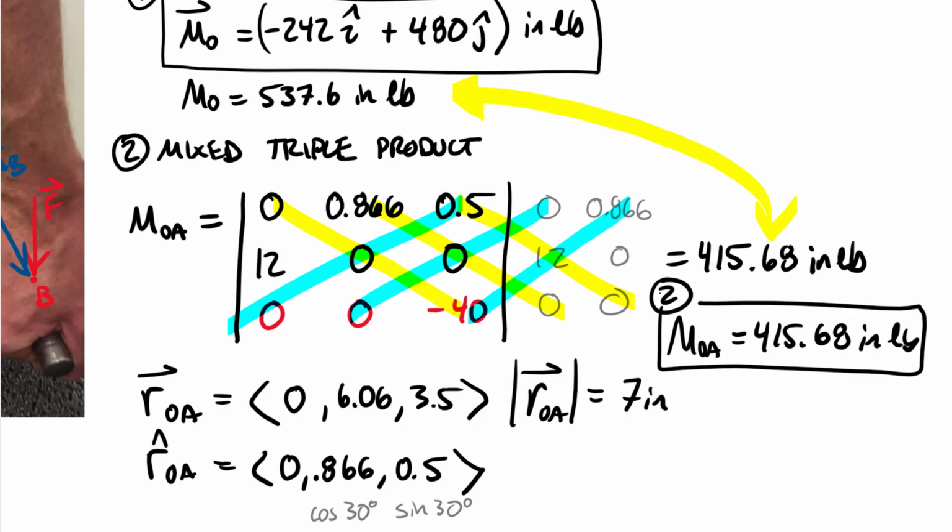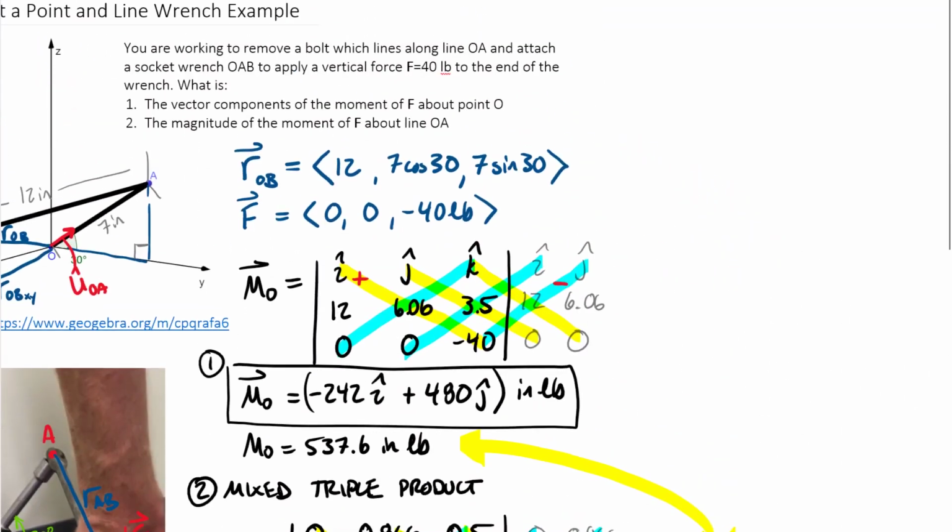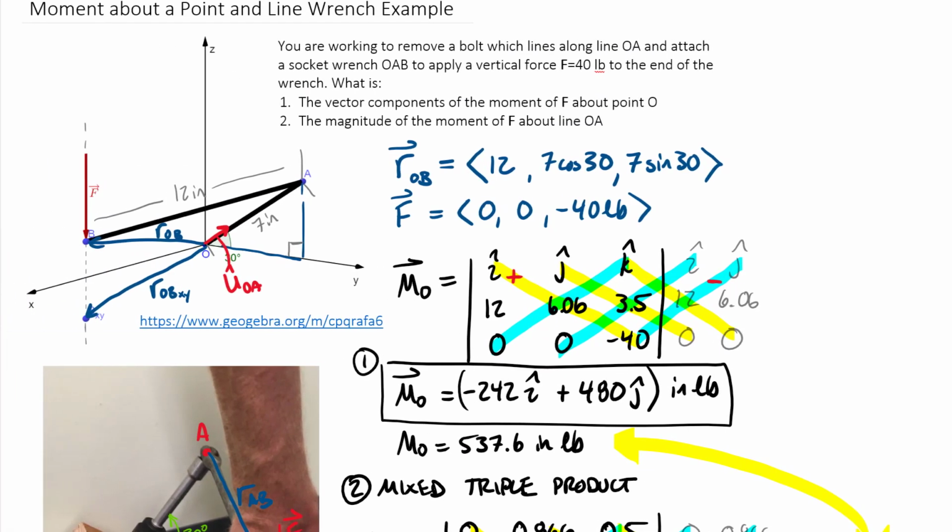All right, so what we did here, again, zooming out a touch, is we started by understanding what the problem was asking. We were asking for a moment of a vertical force around point O, so R cross F. This vector here is simply an R, and this turned out to be R OB vector crossed with our force vector. We found it had components, a negative in the I hat and a positive in the J hat, and we took a look at those in the interactive.